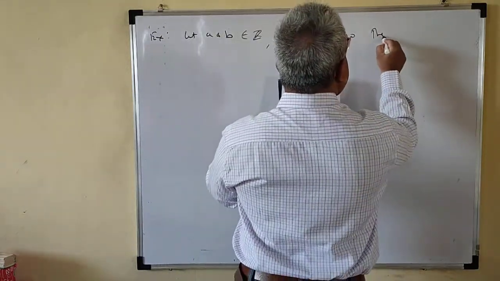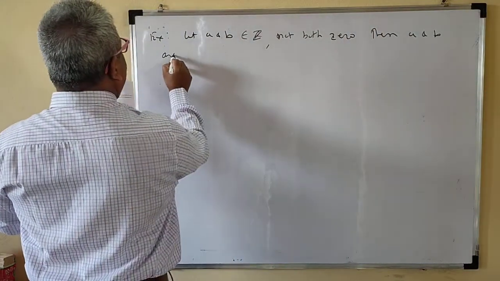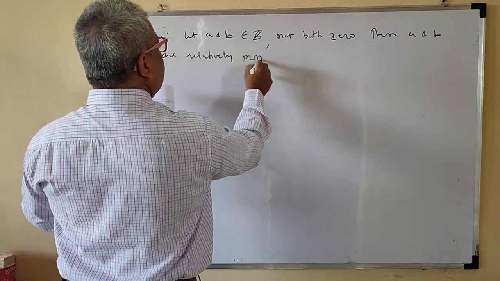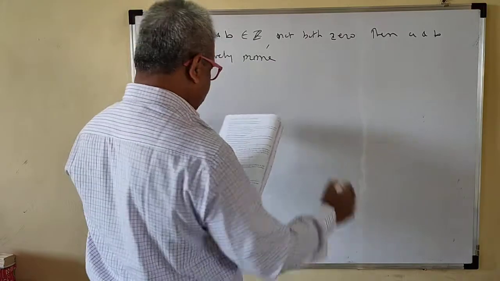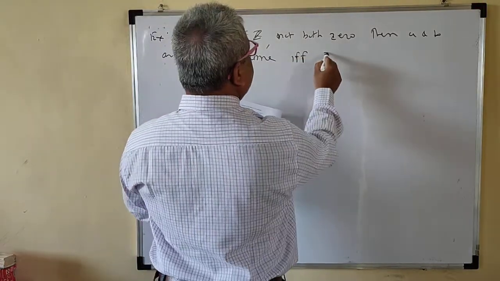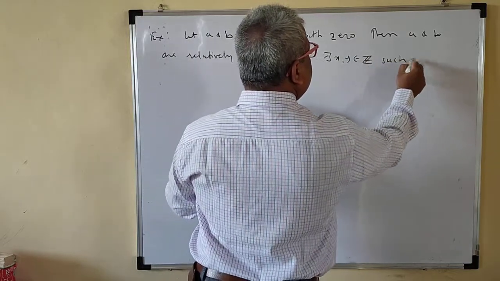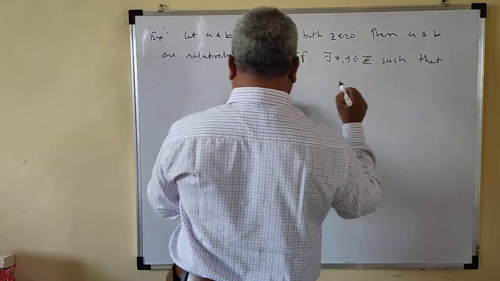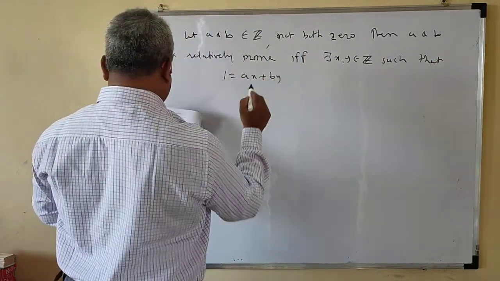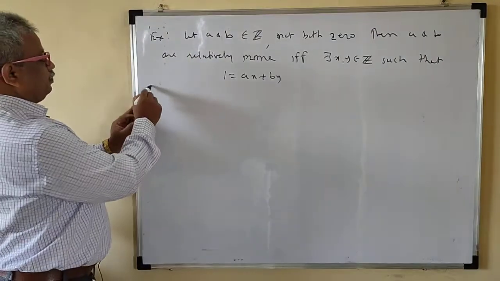Then A and B are relatively prime if and only if there exist x, y belonging to Z such that 1 is equal to AX plus BY. We have to prove this one.